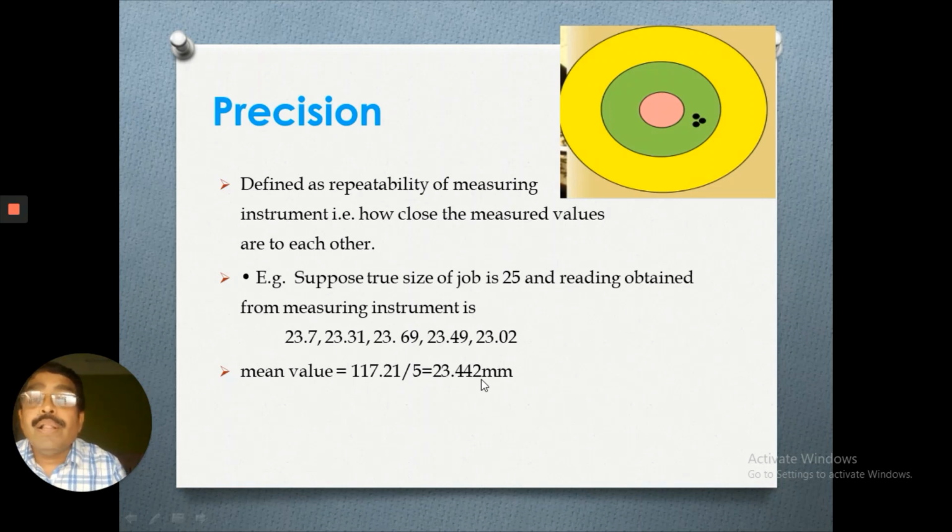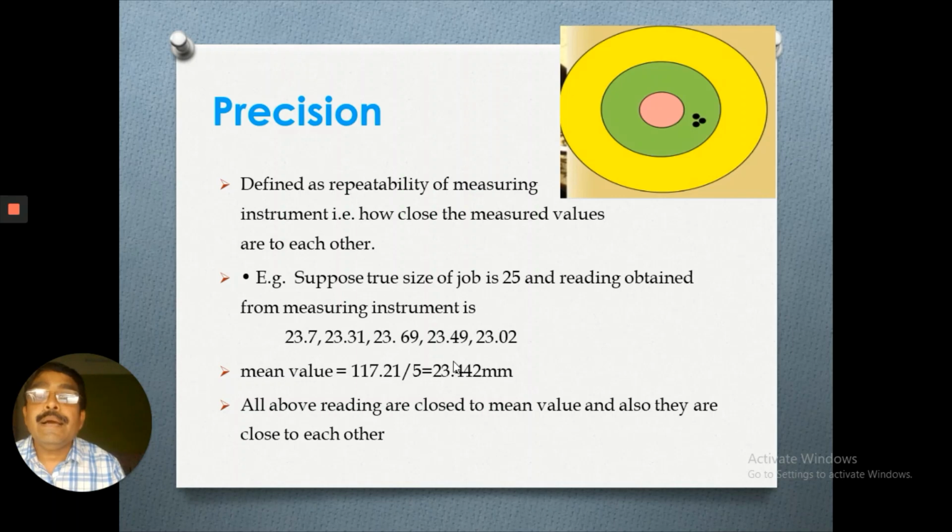All the readings are scattered about this 23.442, and they are closer to it, but not closer to 25. If such is the case, then we can say that the instrument is highly precise. Again I'm repeating, there is no relation with the true value, but it is related to the mean value.